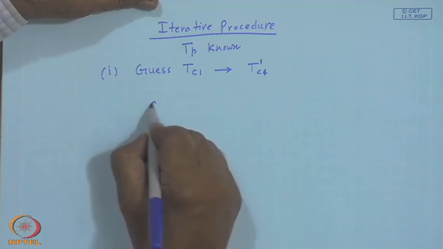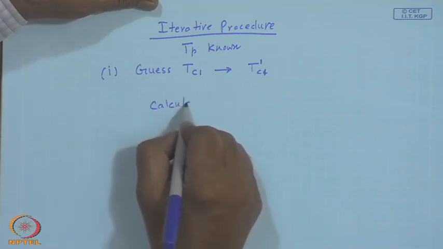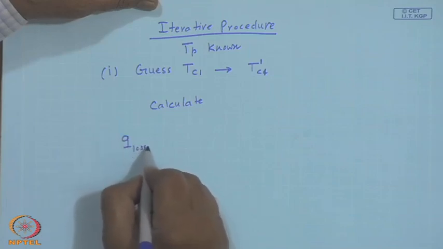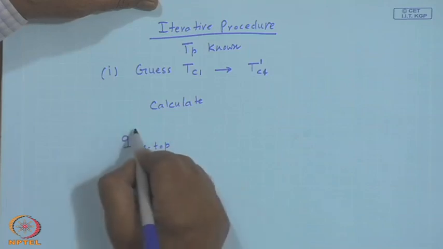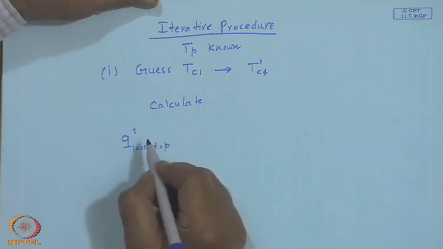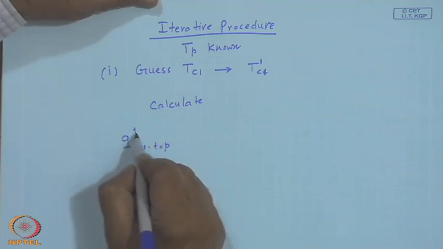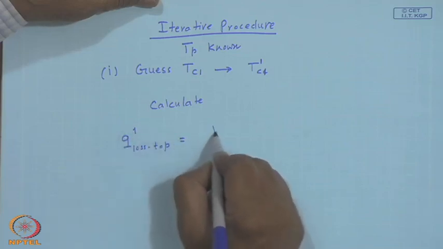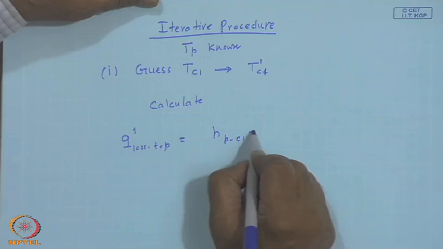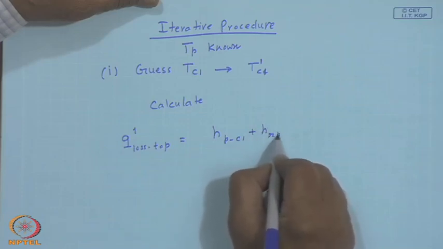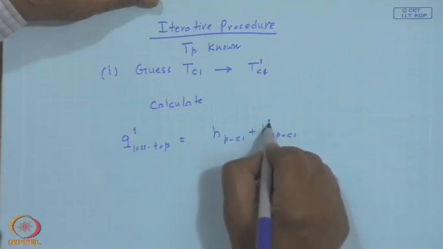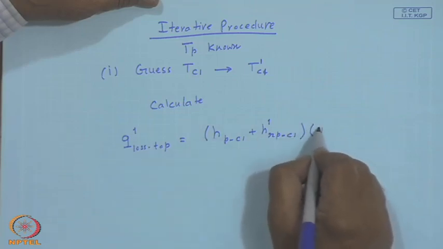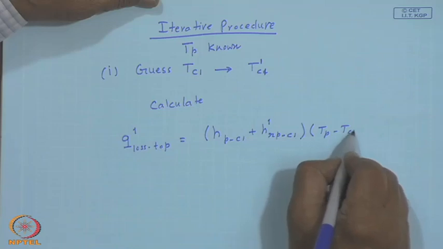So, calculate Q loss top, and since I am using the guessed 1, I will qualify it with a superscript of 1, which will be HpC1 plus HrpC1^1, because it is obtained with Tc1^1, times Tp minus Tc1^1.